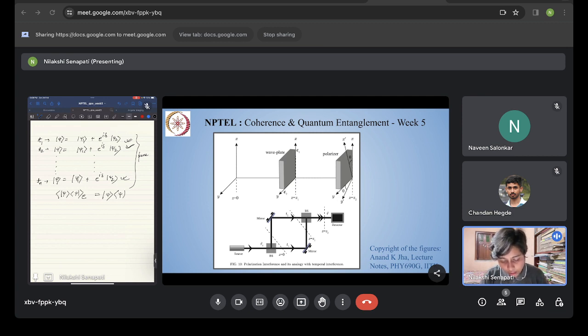But if you have psi 1 plus e to the power i delta 1 psi 2, psi 1 plus e to the power i delta 2 psi 2 over time, if it is varying and so on, then you cannot avoid taking the time average.